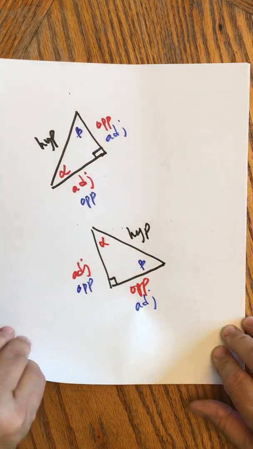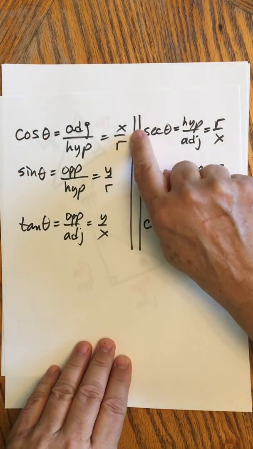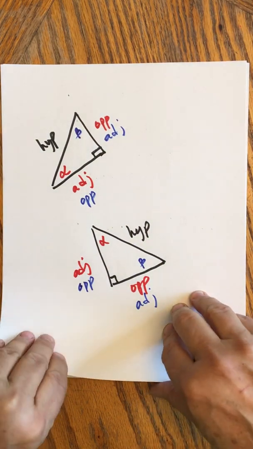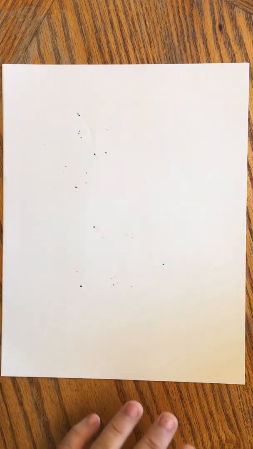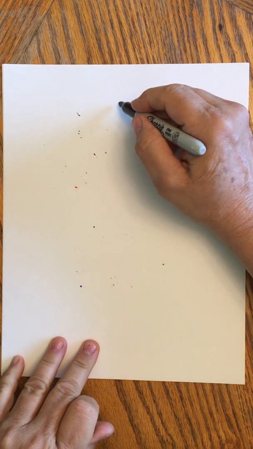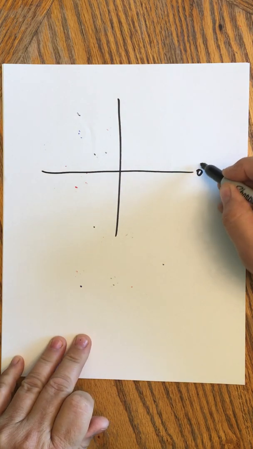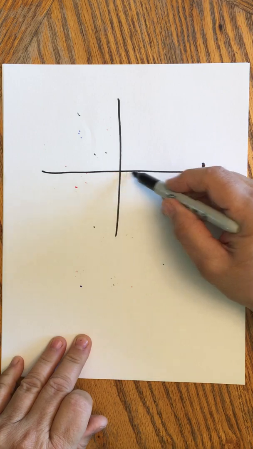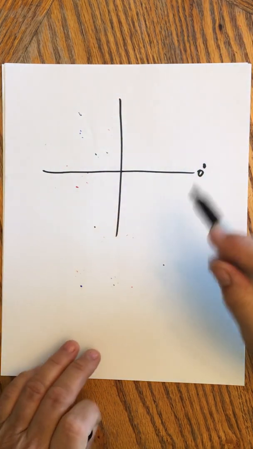When we talk about these other definitions for the six trig ratios, which go to x, y, and r, that comes from having an angle in standard position. An angle in standard position says that you're at 0 degrees, your vertex starts at the origin, and this is the initial side, always, always, always, on the positive x-axis.